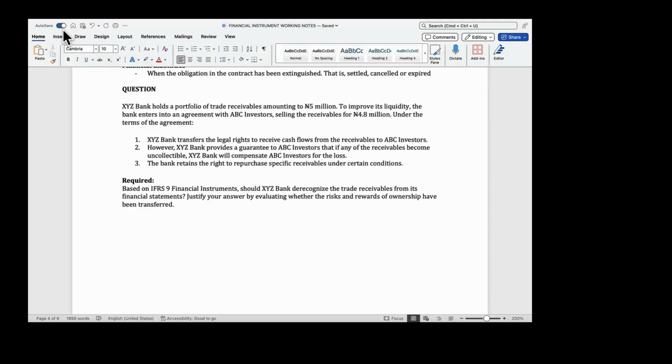Two, however, XYZ Bank provides a guarantee to ABC investors that if any of the receivables become uncollectible, XYZ Bank will compensate ABC investors for the loss. Three, the bank retains the right to repurchase specific receivables under certain conditions. Required: based on IFRS 9 Financial Instruments, should XYZ Bank derecognize the trade receivables from its financial statements? Justify your answer by evaluating whether the risks and rewards of ownership have been transferred.